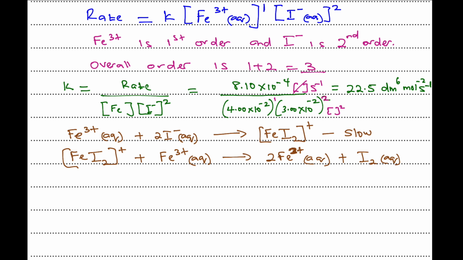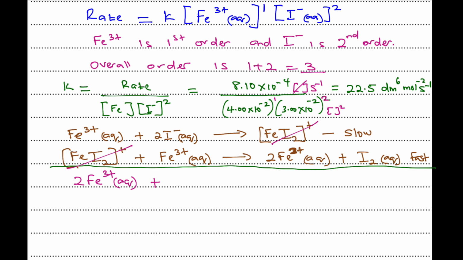That's the first step. And if we draw a line here for the overall reaction, we will notice that we cancel that one. We write down the final product, we get Fe3+ plus Fe3+ will be 2Fe3+ aqueous, plus we have 2I minus aqueous again, going to 2Fe2+ aqueous plus iodine, I2 aqueous.